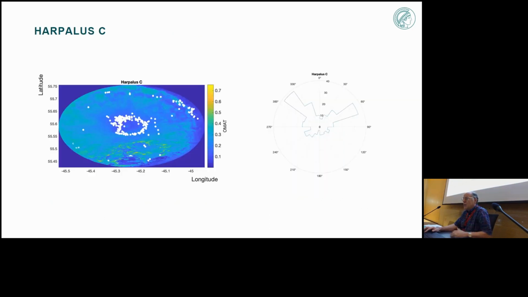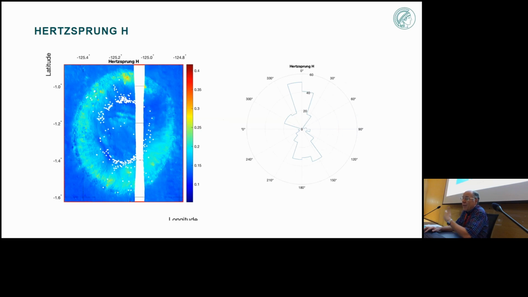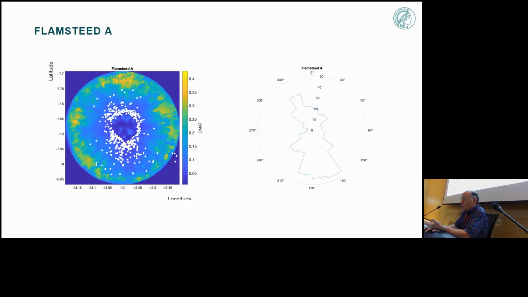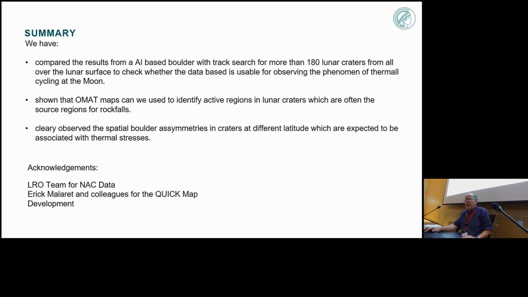So what we can now do is we can go and count, and I spare you here from going over 180 craters into the statistics, but you clearly see high latitude craters show the statistics that you have this northern south asymmetry. You have at the equator more or less an equal distribution, an asymmetry north-south, and you can then observe also the southern asymmetry.